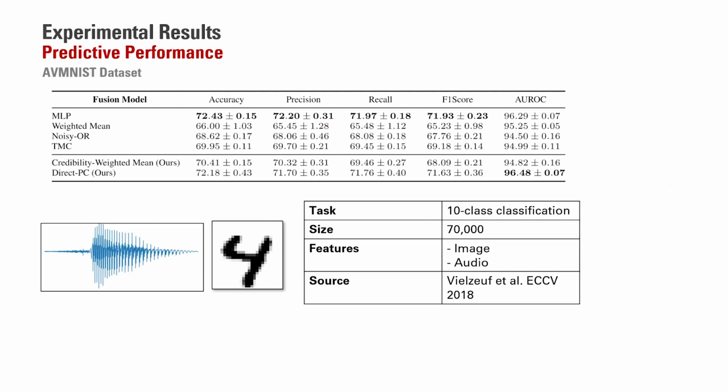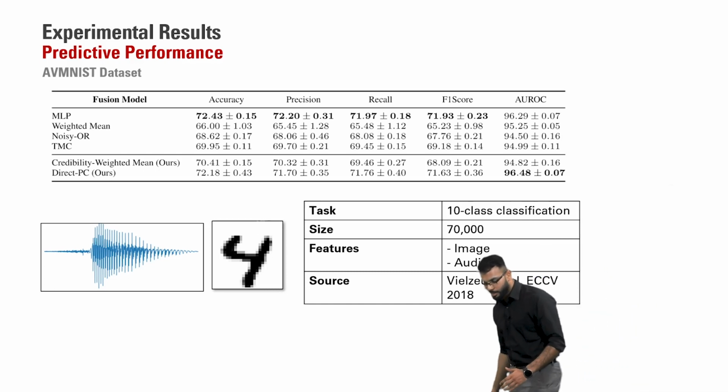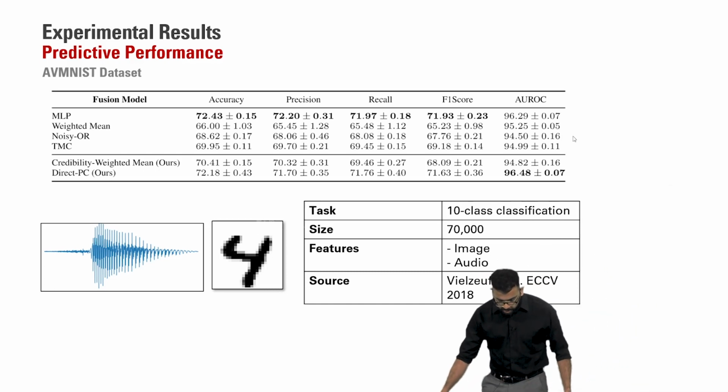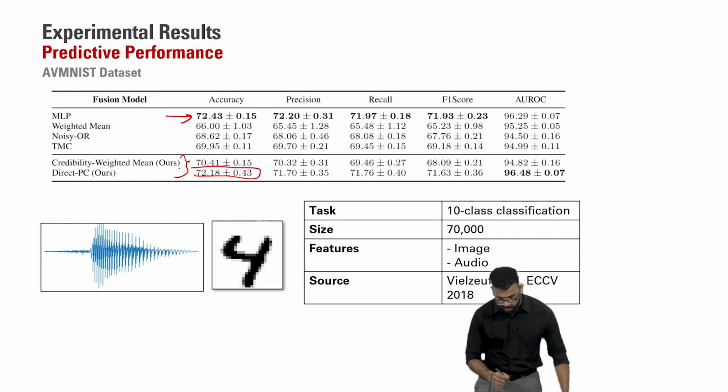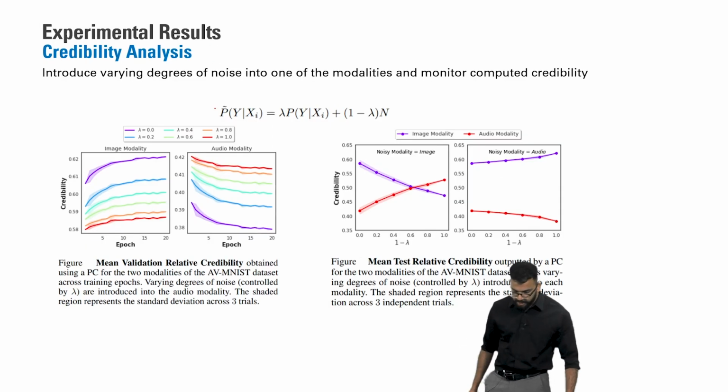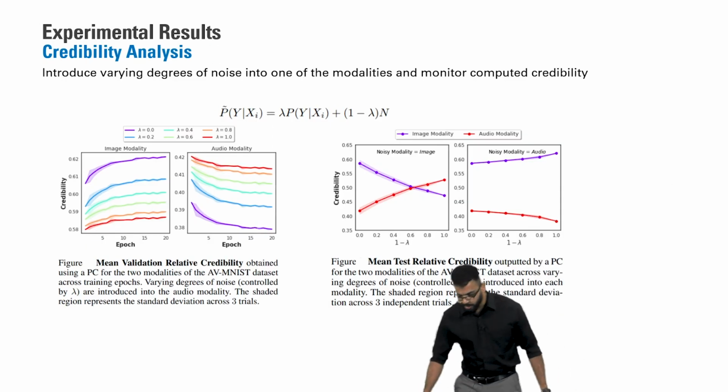Talking of some results, since your PC is expressive, you get performance that is similar to having a neural model. So let's say this is fusion with a neural model. These are both probabilistic circuit based fusion methods. You get performance in terms of accuracy, precision, etc., that is similar to neural models, but at the same time you have a way of evaluating credibility.